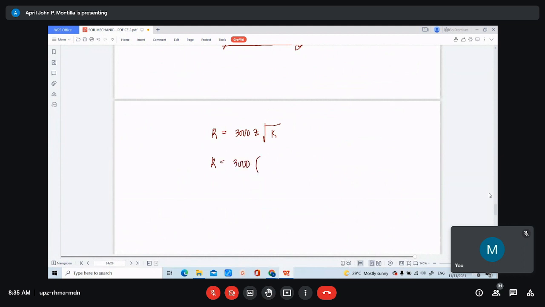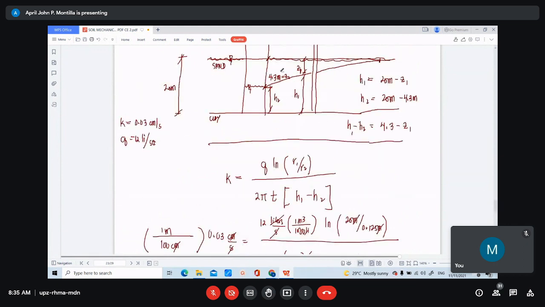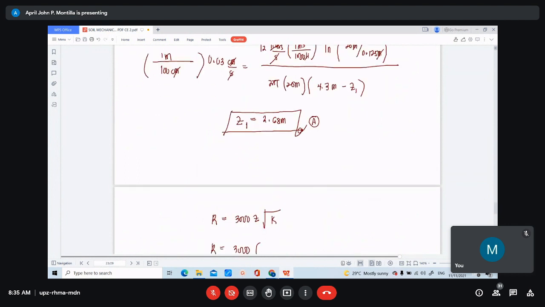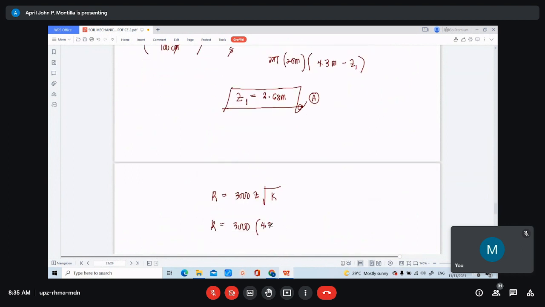Yung drawdown dito sa test well, itong malaking pipe na to, that is 4.3 meters. Square root of hydraulic conductivity. Ang radius, naka-meters dapat. Yung drawdown, naka-meters dapat. Yung ating hydraulic conductivity, it should be in meter per seconds.